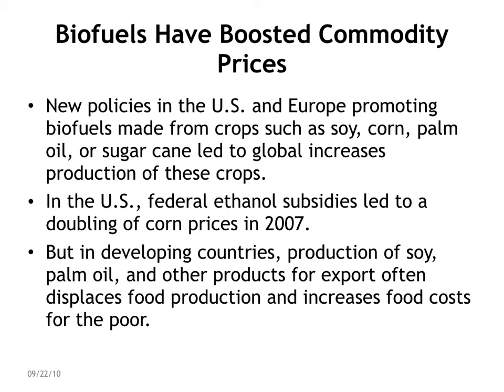In the United States, federal ethanol subsidies led to a doubling of corn prices in 2007. But in developing countries, production of soy, palm oil, and other products for export often displaces food production. When biofuel policies compete with food supplies in Asia and Africa, the efficiency of this market becomes less clear.